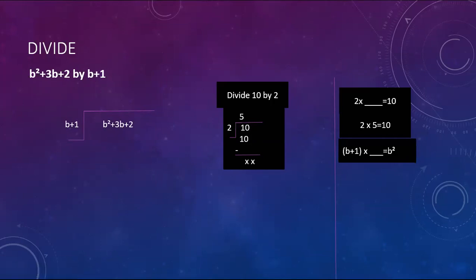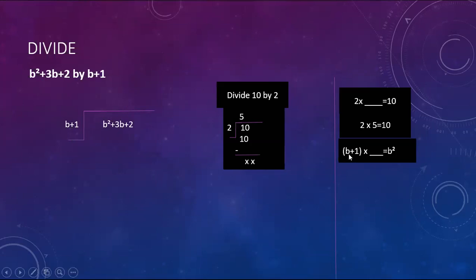I am comparing this question with the given question. Now here b plus 1 is there, and in the dividend, b square is there. I have to multiply with such a number or variable to get b square.